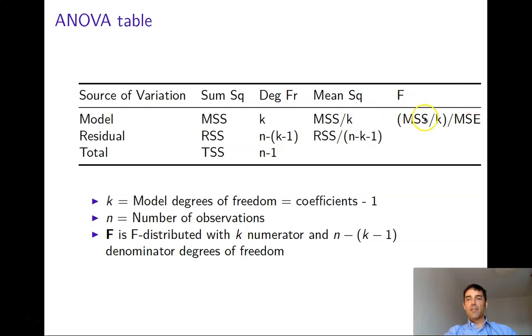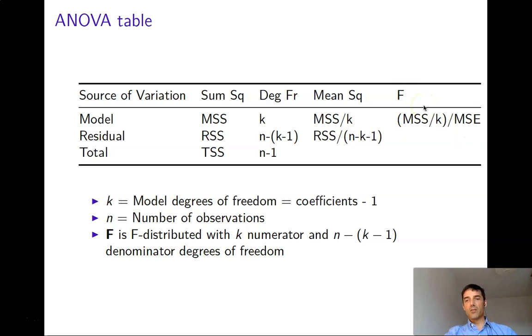And the F statistic is a ratio of these mean sum of squares of the model divided by the mean sum of squares of the residual. So you can imagine that if the model explains a lot of variation and there are little residuals, then you're going to have a large value of F. And conversely, if the model is mostly random and explains about as much variation as the residuals, then this value of F is going to be something close to 1.